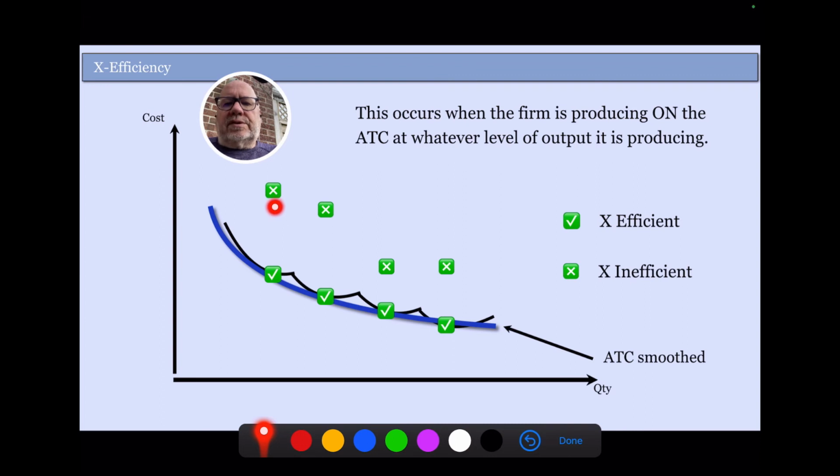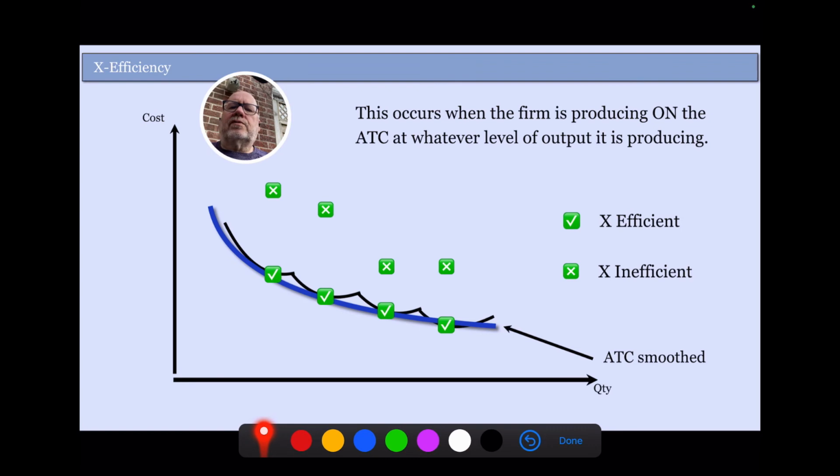If you haven't adjusted it, you're X inefficient. Okay, and sometimes they call that organizational slack as well, but that is X inefficient. Any point on it is X efficient. So hopefully that makes it clear.